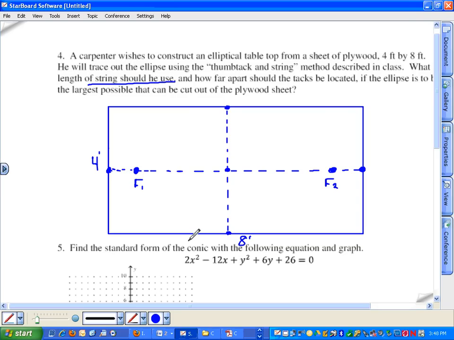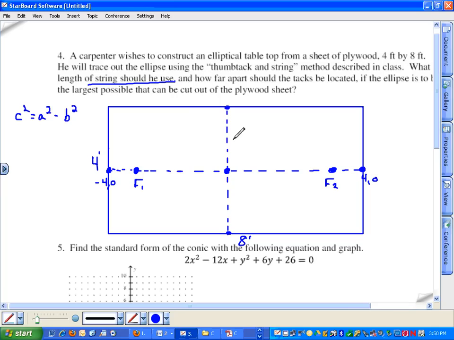So let's first figure out how far apart the foci are, or how far the foci are from the center. The foci are found using the formula c squared equals a squared minus b squared. A is the total horizontal length here, which is 8. So the location of the vertices is (4, 0) and (negative 4, 0).